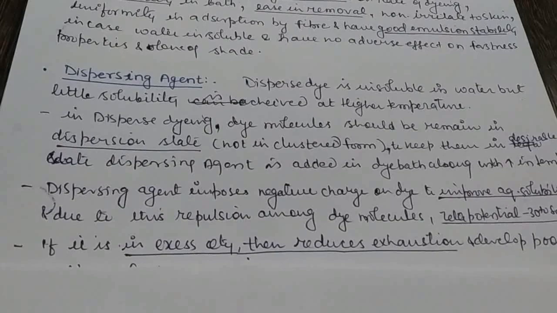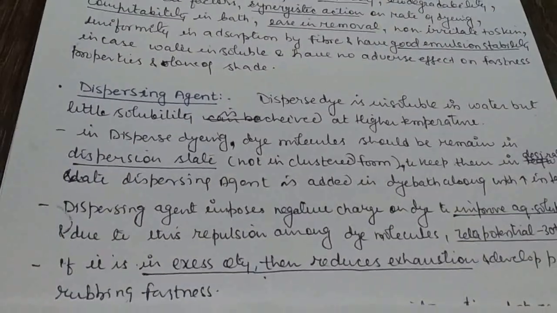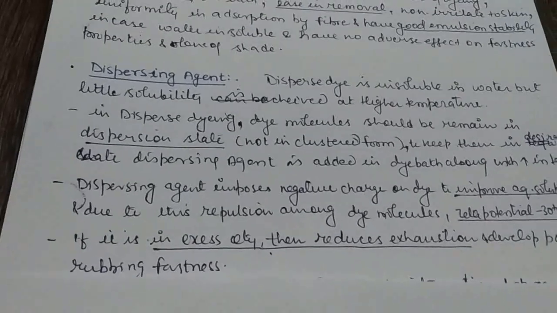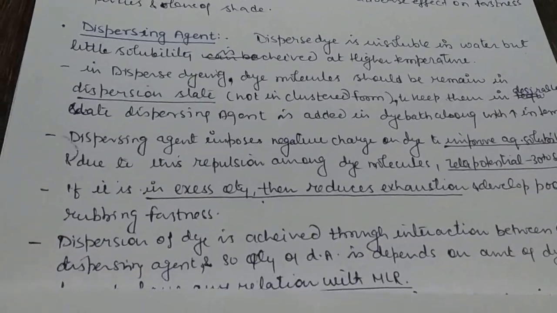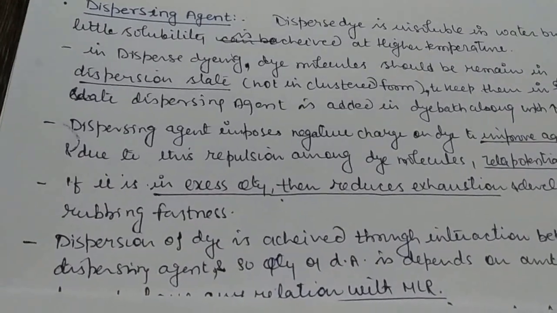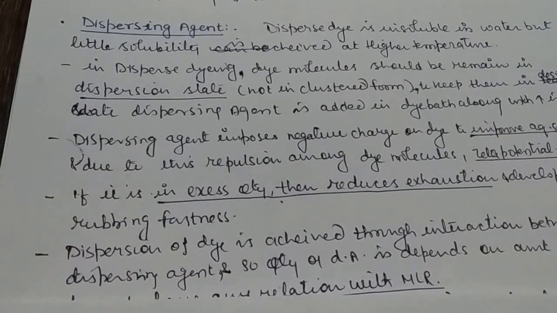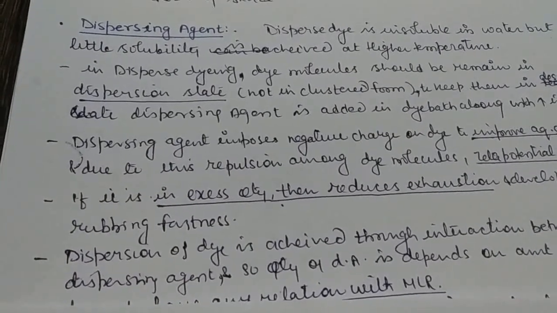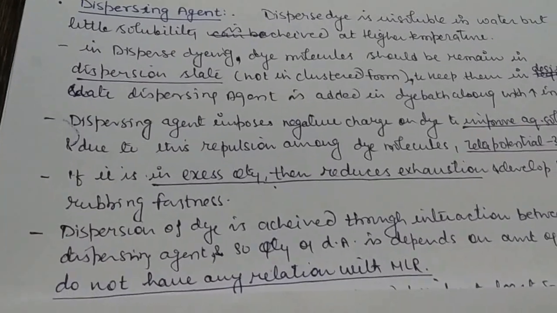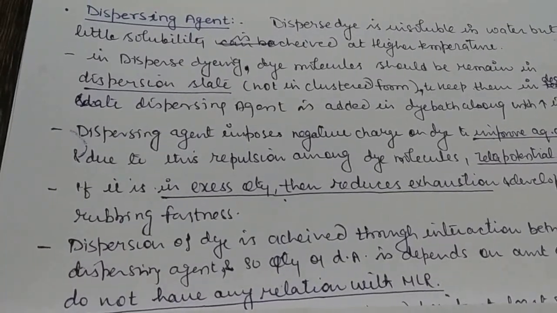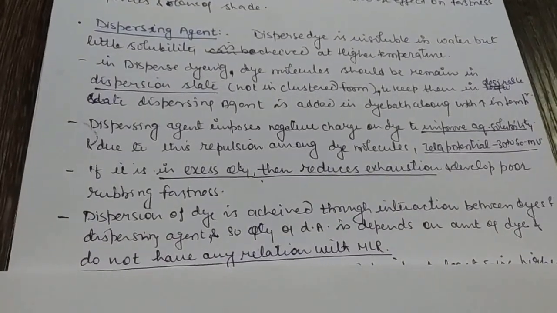If we add dispersing agent in excess quantity, then exhaustion of disperse dye is reduced and it develops poor rubbing fastness. Now we can say that if we add dispersing agent in excess quantity, it will negatively impact the dyeing of polyester fabrics. Dispersion of dye is achieved through interaction between dye and dispersing agent.